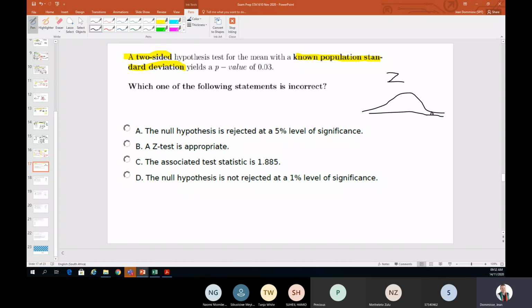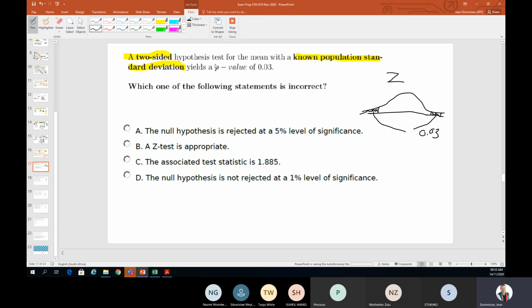So here will be a part of a p-value. Here will be a part of a p-value. Yields a p-value of 0,03. Okay, so the p-value equal to 0,03.